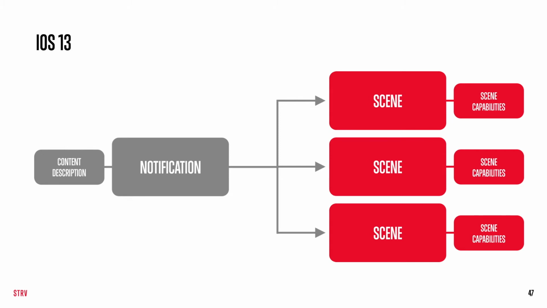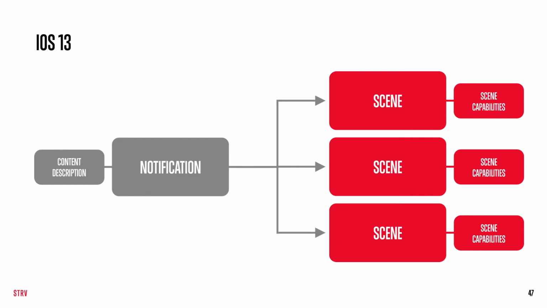It looks like this: the notification has some content description. It is a string that is descriptive enough to provide information about what the content of the notification is. The application is taken away from the whole flow, and then there are only the scenes, and the scenes describe their capabilities.